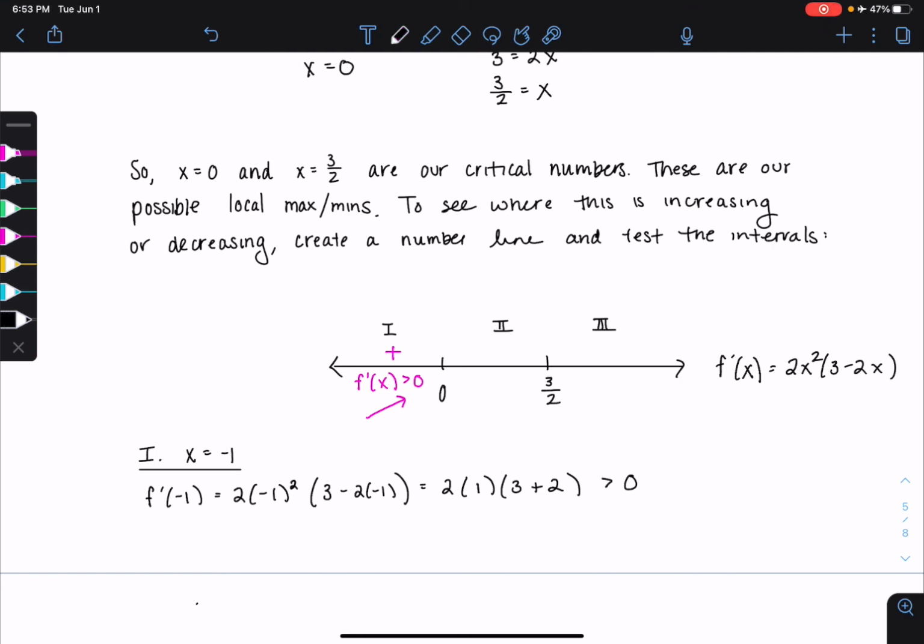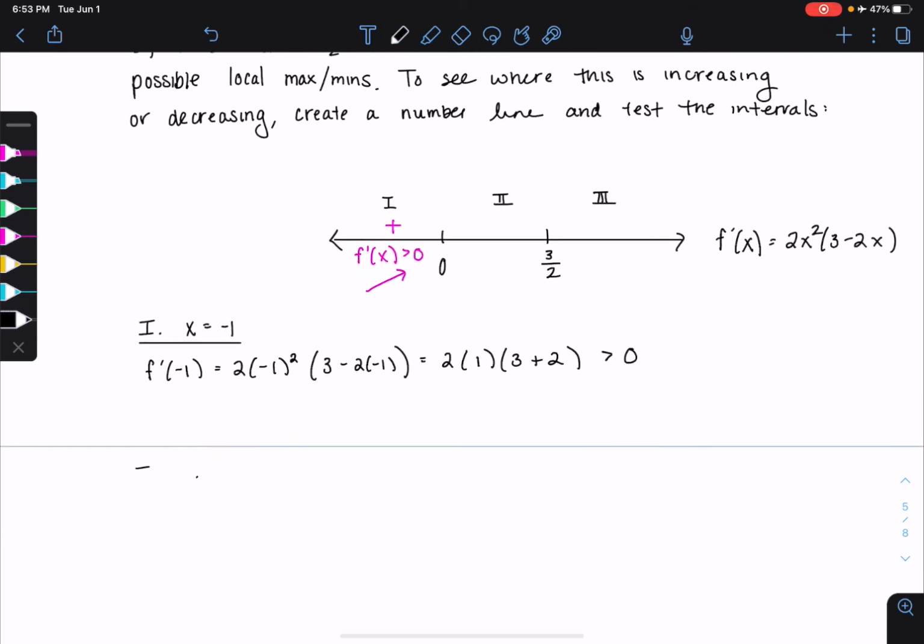Now, picking something from interval 2, a little bit more difficult to find a number that's between 0 and 1.5. So let's pick 1. Plugging that into the derivative would be 2 times 1 squared times 3 minus 2 times 1.